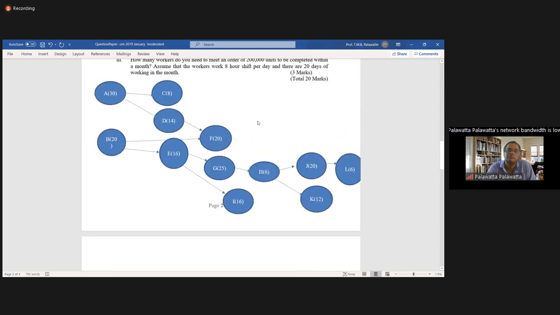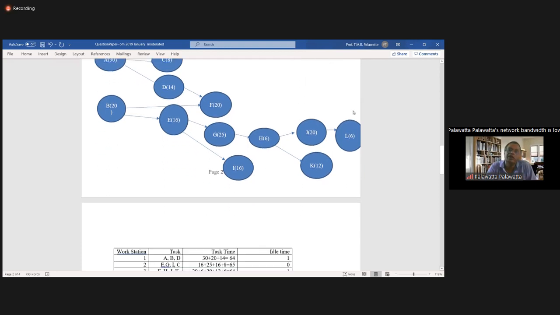So then next thing I did was the remaining time. I'm allowed only to have one more station. Okay. And then I allocated the remaining tasks: F, H, J, K, L, 20 plus 6, 26 plus 20, 46 plus 12, 58 plus 6, 64. So that's how the third station came.